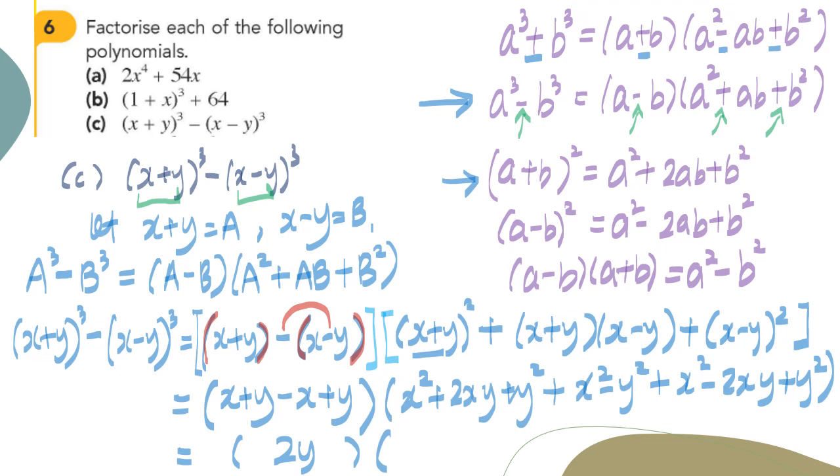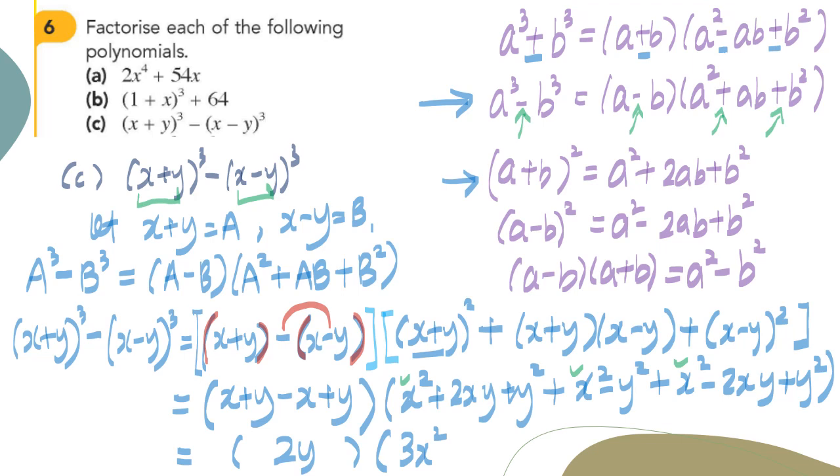So what I would suggest is that after you have dealt with a term, just put a tick. So let's say x squared with another x squared and with another x squared. That will give me 3x squared. So I put a tick on top of the x squared. That is to tell me that I've already dealt with it.